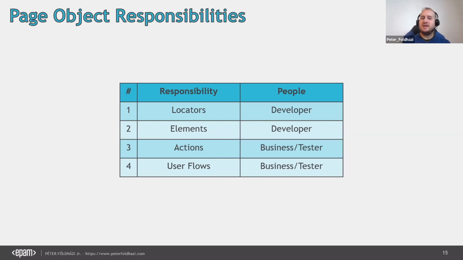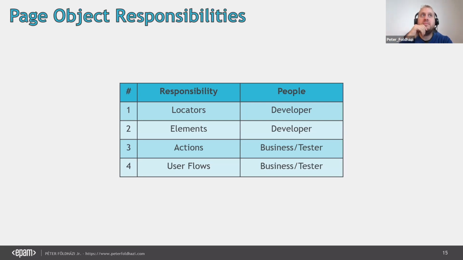Regarding the actions and user flows, that's, I think, debatable, and it also depends on the organization that you're working in. But basically, I think the reason for change comes from either the business or the tester or testers.